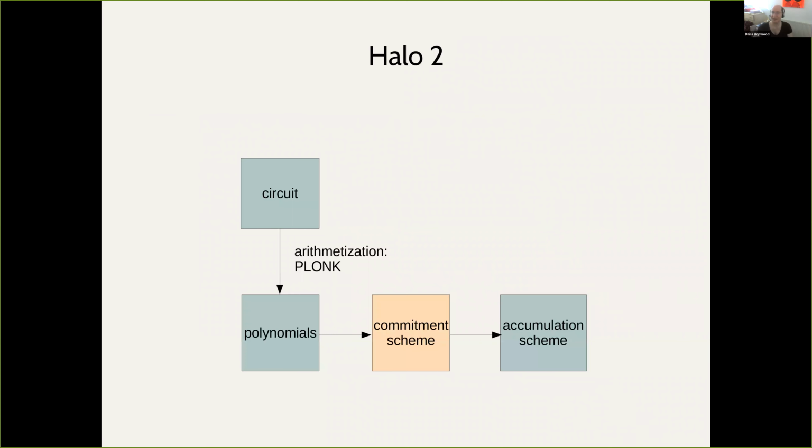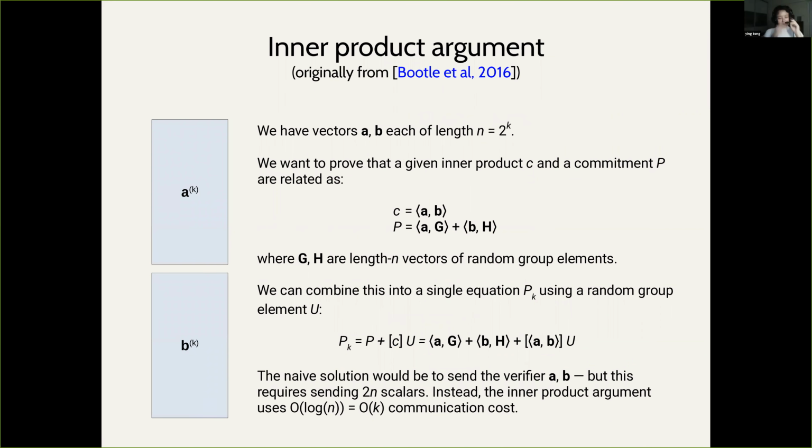Yes. Okay. So now we have a bunch of polynomials, and what we want as the prover is to convince the verifier that we know these polynomials which satisfy the desired relation. To do this, we're going to use the inner product argument. Now, naively, if we wanted to convince the verifier that we knew these polynomials, we could just literally send over some shifted version of the polynomials.